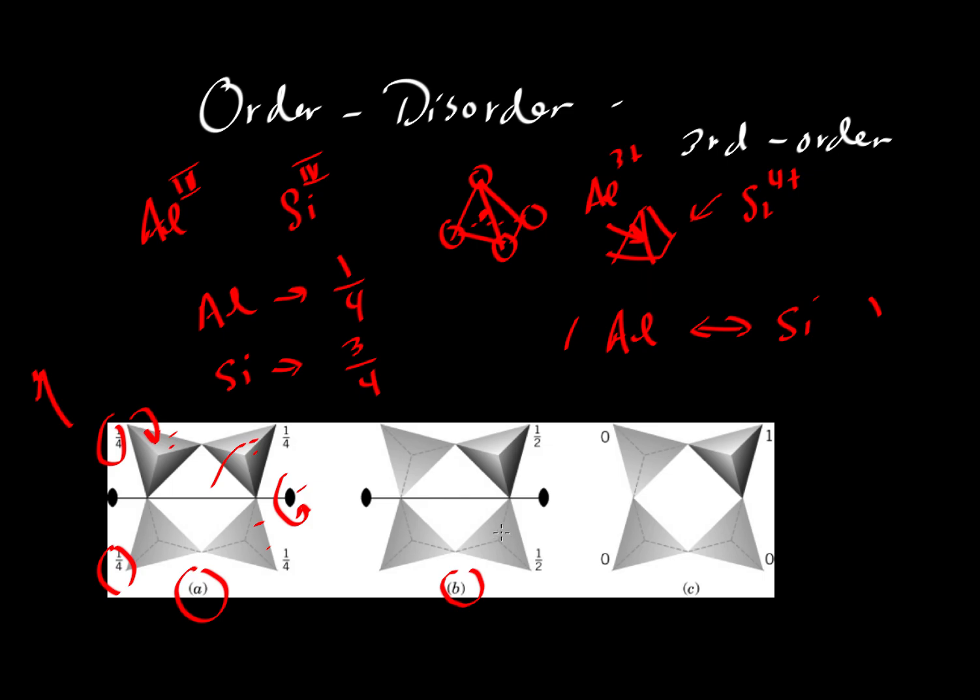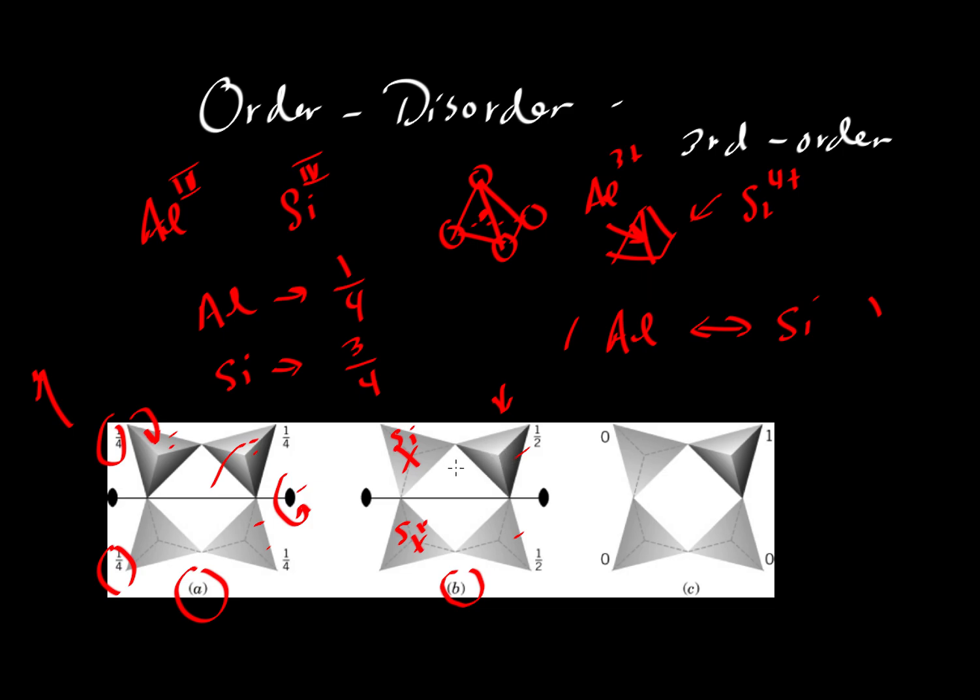So in letter B, we have instead aluminum only occupying these sites on the right-hand side. So aluminum will go here or here, but not over there and not over there. These will be filled with silicon, not with aluminum. Now, why would that be the case? Well, aluminum and silicon are not the same size.